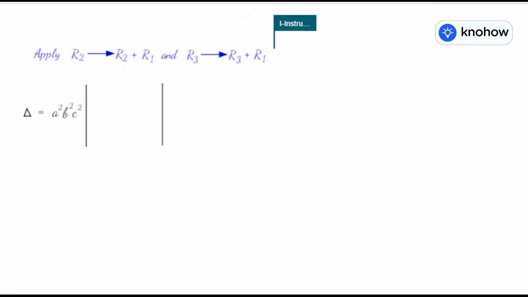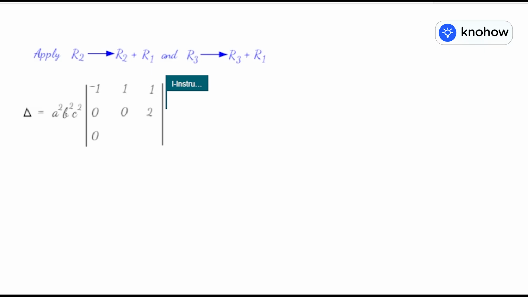So R1 continues to be minus 1, 1, 1, and now to the elements of R2 you add R1, so you get 0, 0, 2, and similarly you add R3 and R1, you get 0, 2, 0.